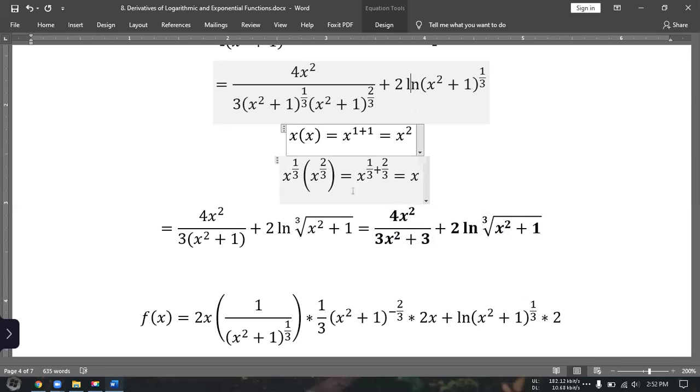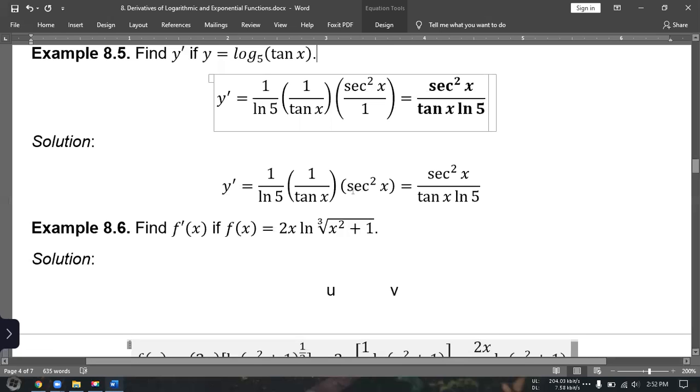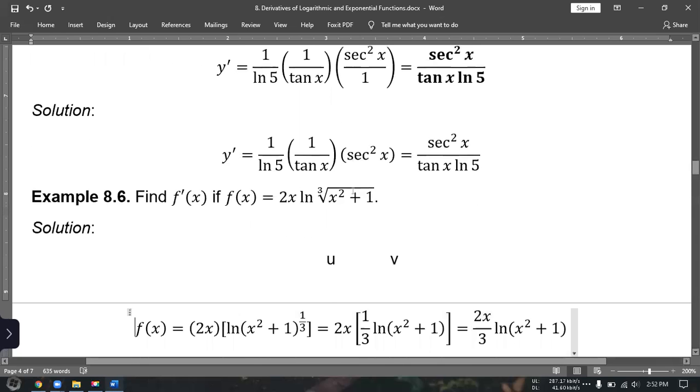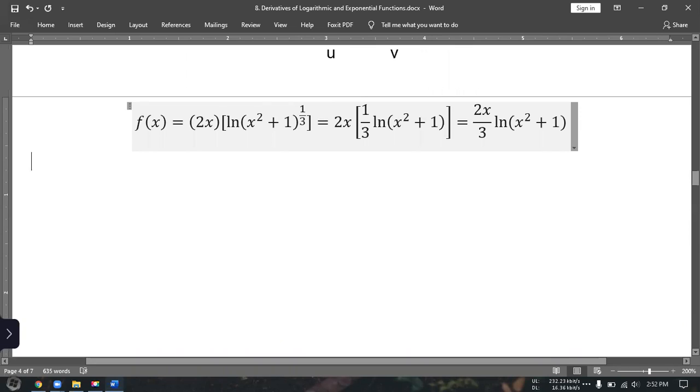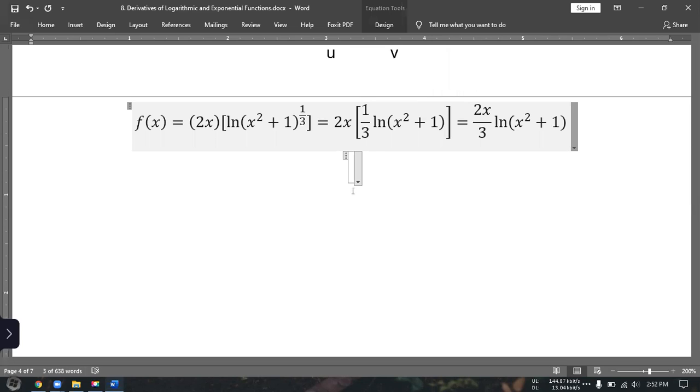So let's do that. Where is our function? Okay. Here. So let's try without the chain rule. F prime x equivalent to. Although we won't be using the chain rule, we'll still be applying the product rule. Copy the first factor.